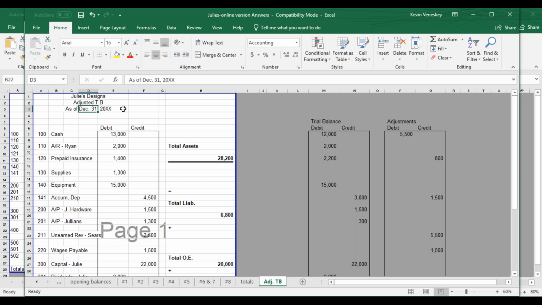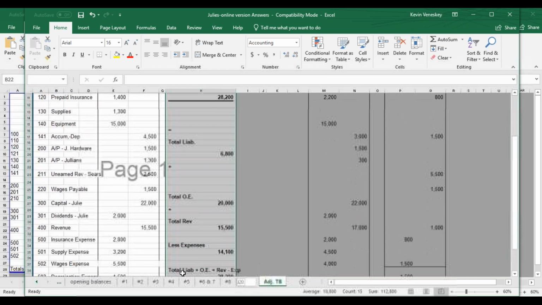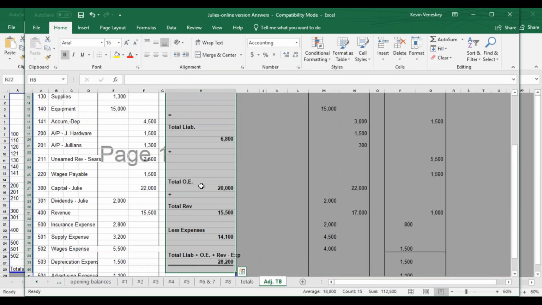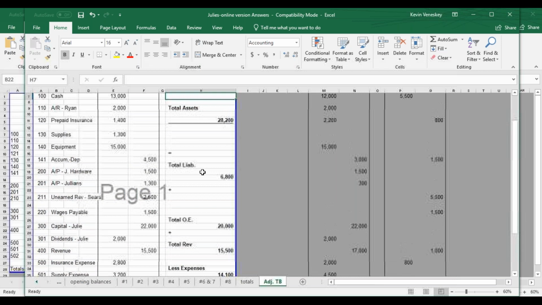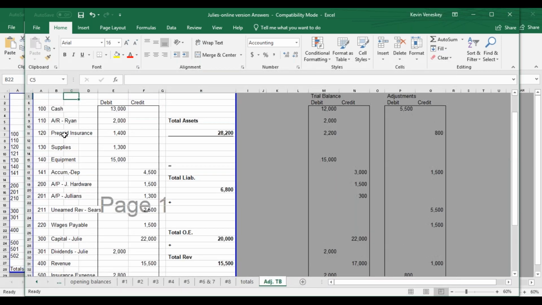The date for this year only. And then notice this is another way, instead of putting your totals onto the T account paper, I do allow you to put them out here to the side of your trial balance if you wish. Just another option.